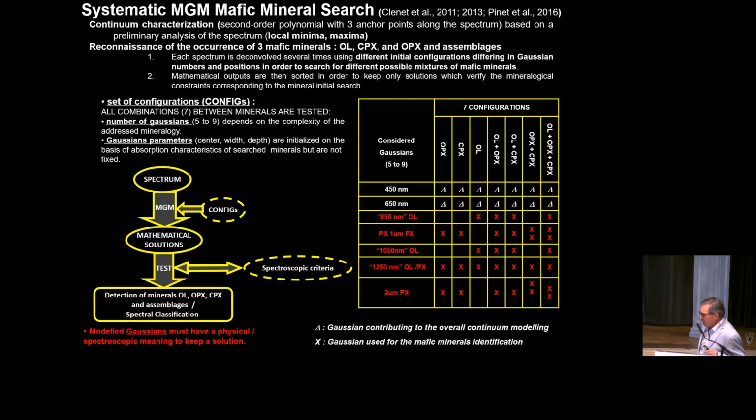The idea is that you are able to do a systematic search for all the mafic minerals, considering a different number of Gaussian functions, to go from simple mineralogies, that is to say, just considering one mineral, either orthopyroxene, clinopyroxene, or olivine, or a mix, up to a complex situation in terms of mineral assemblages where you consider the three minerals together. That's on the right. And the number of bands will vary from 5 Gaussians to 9 Gaussians, depending on the situation.